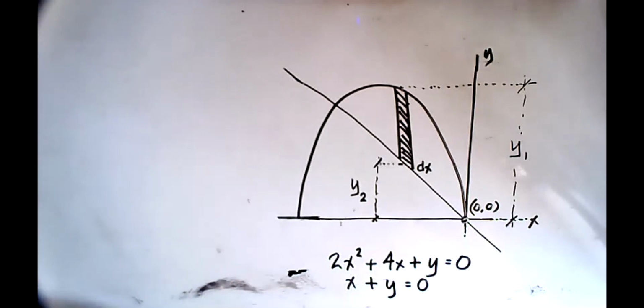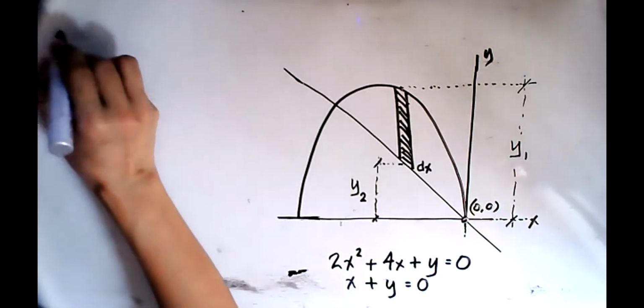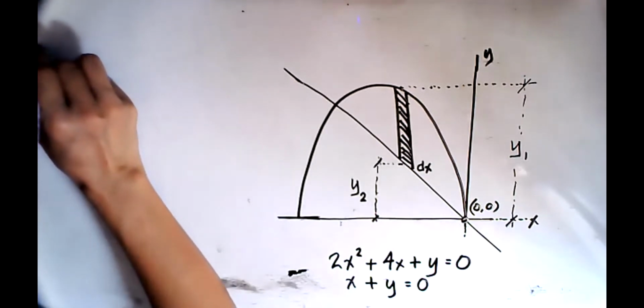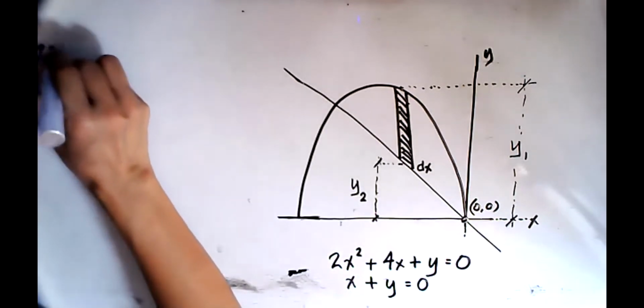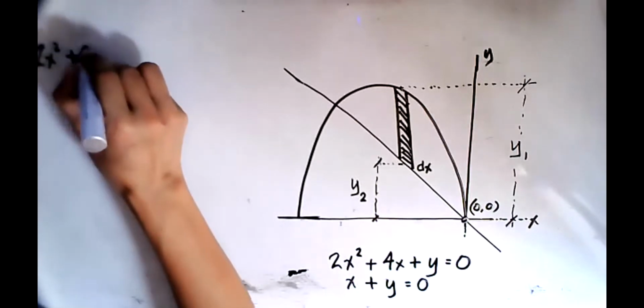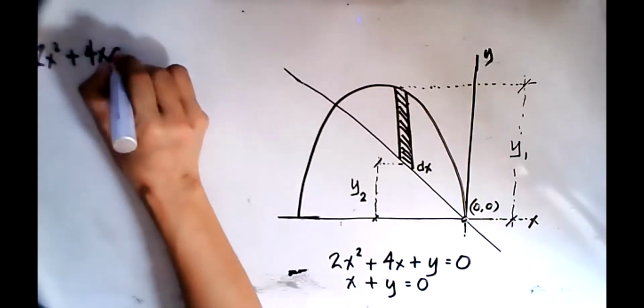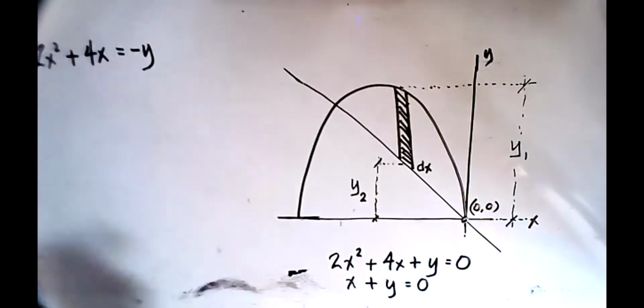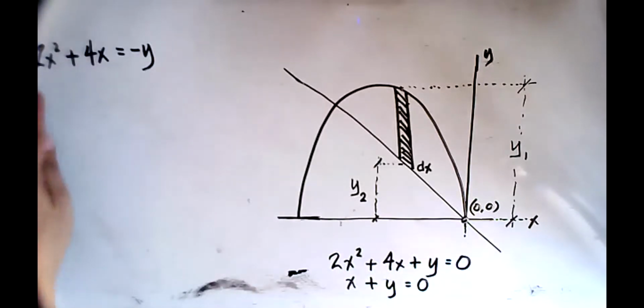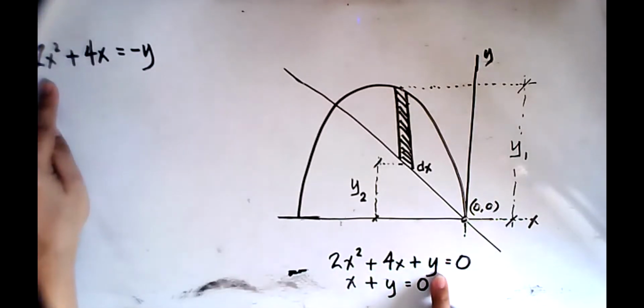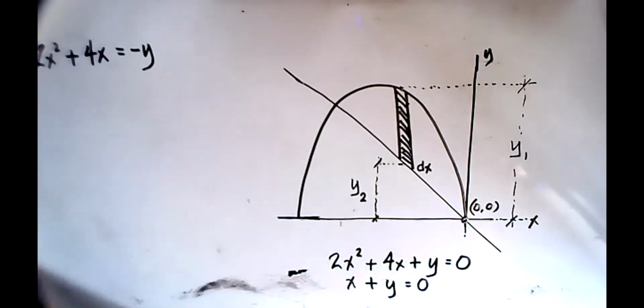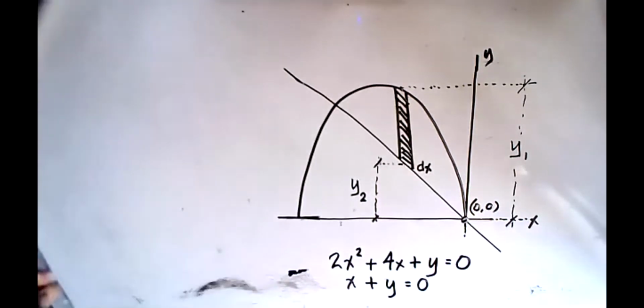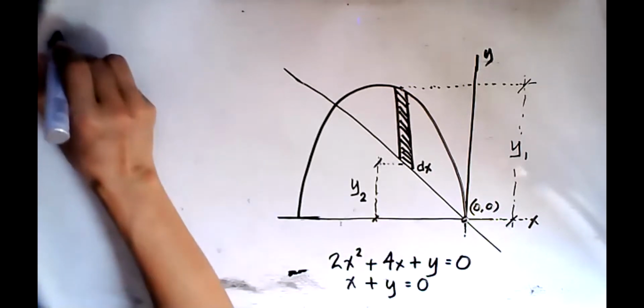If you are going to rewrite that equation, that can be rewritten as 2x squared plus 4x is equal to negative y. So what we did was raise it a little so you can have a better view of this.